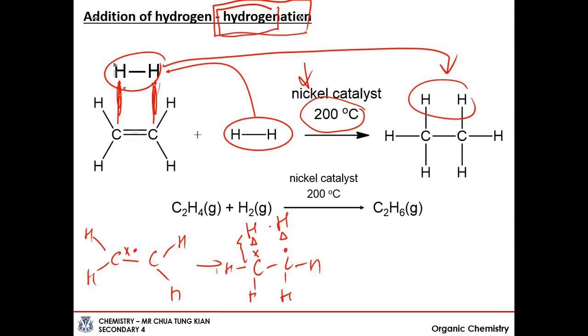So this is the structural formula equation. This is the molecular formula equation. Depending on the question, you can write either this one or this one. So long as it has a double bond, it will add across the double bond.